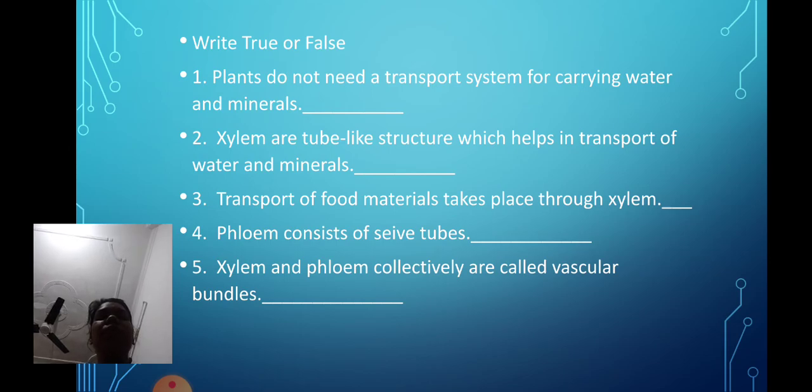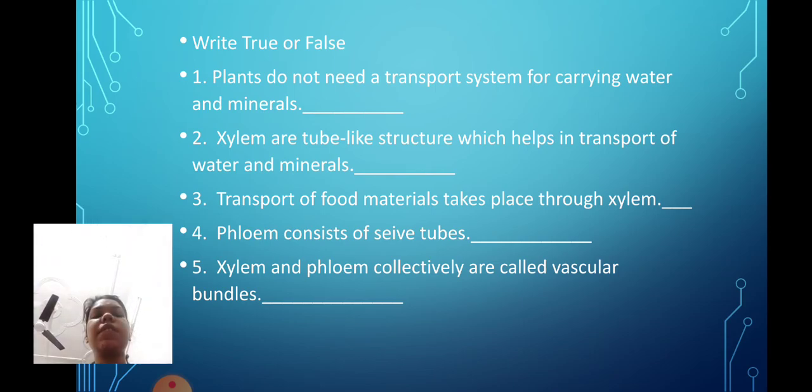Transport of food materials takes place through xylem. Yes, false. Phloem consists of sieve tubes. Yes, it is true. Xylem and phloem are collectively called vascular bundles. Yes, it is true.